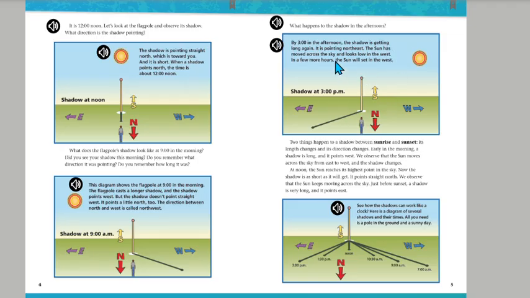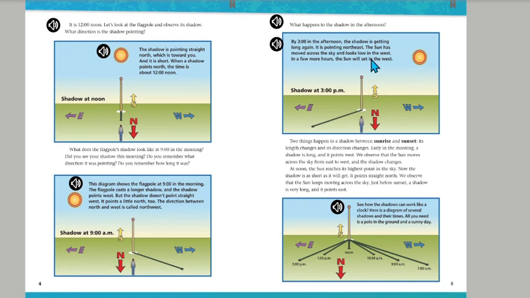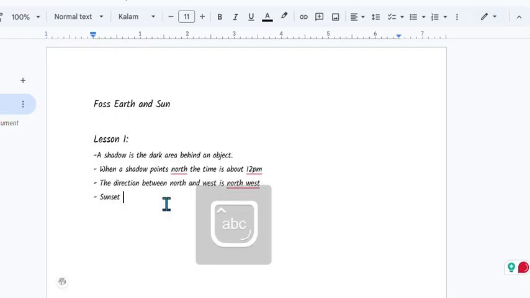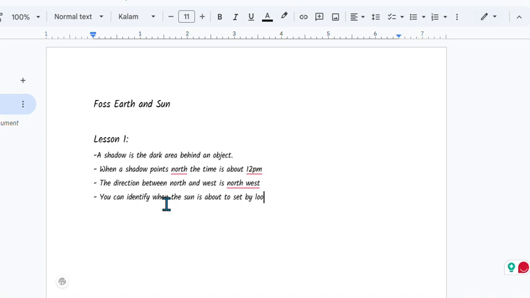Alright, next diagram. So when the shadow gets long again towards the afternoon, it should point northeast. The sun has moved across the sky and will set low in the west. So sunset, let's write you can identify when the sun is about to set by looking at the length of the shadows.